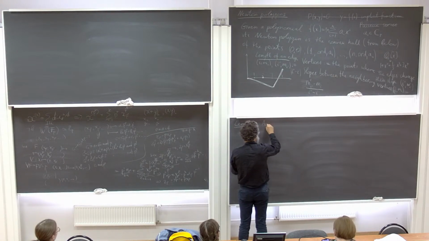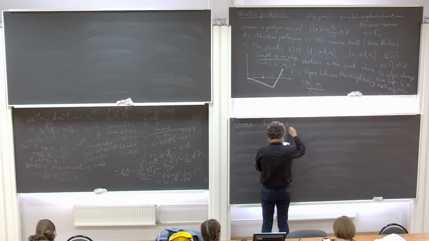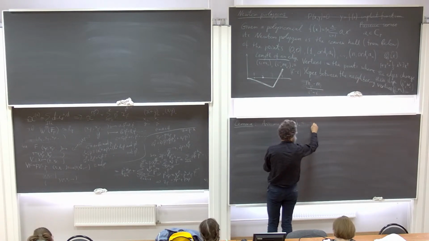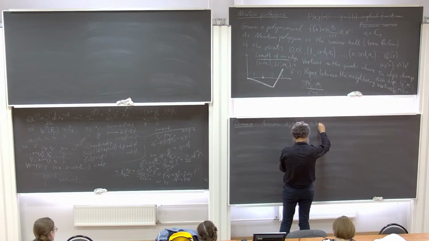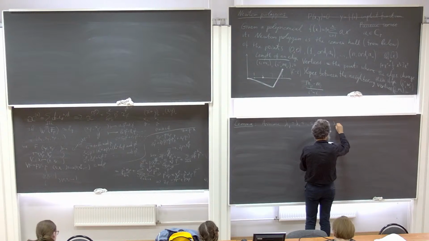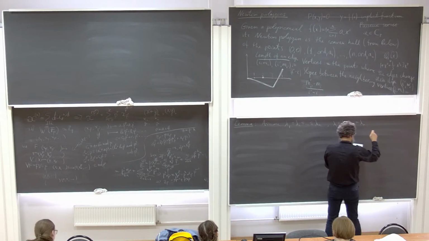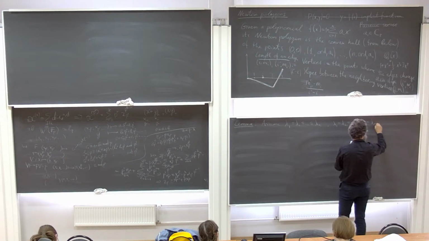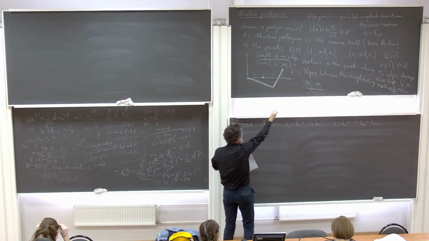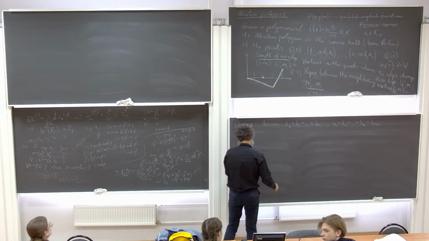So assume that the slopes are lambda 1 less than or equal to lambda 2, up to lambda n, and assume that lambda 1 is the same as lambda 2 is the same as lambda r, but then the next one is strictly bigger, and the slopes grow. Yeah, from this picture it's clear.